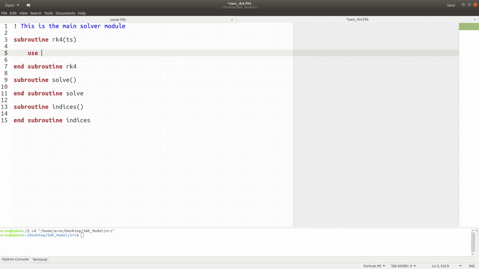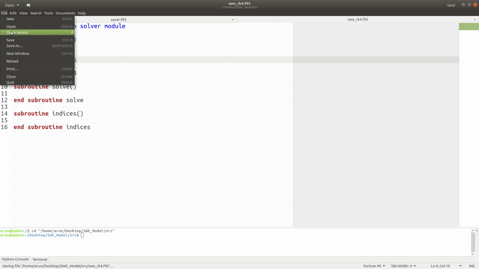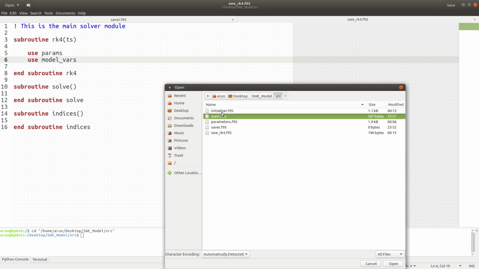Now let's include the params module. We also need the model vars. I don't know why it's not picking them up. I think it's because we need the other ones as well simultaneously. So main parameter, come on.